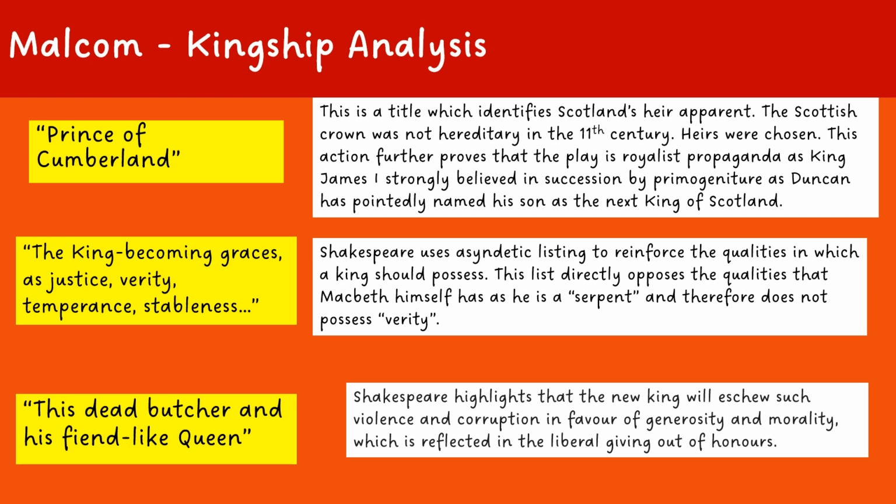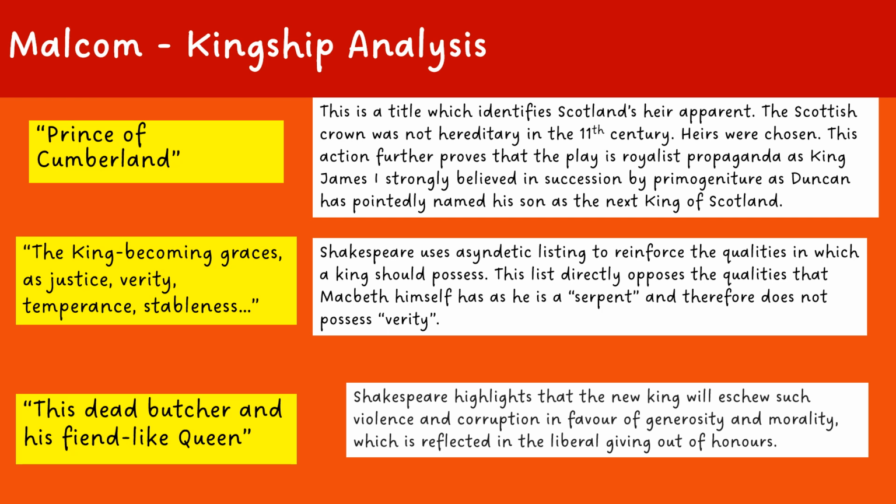And furthermore, what we see here is that because Malcolm has been named the next heir, it is believed the divine right of kings is unbroken, okay, but it is then broken because Macbeth takes the crown for himself.